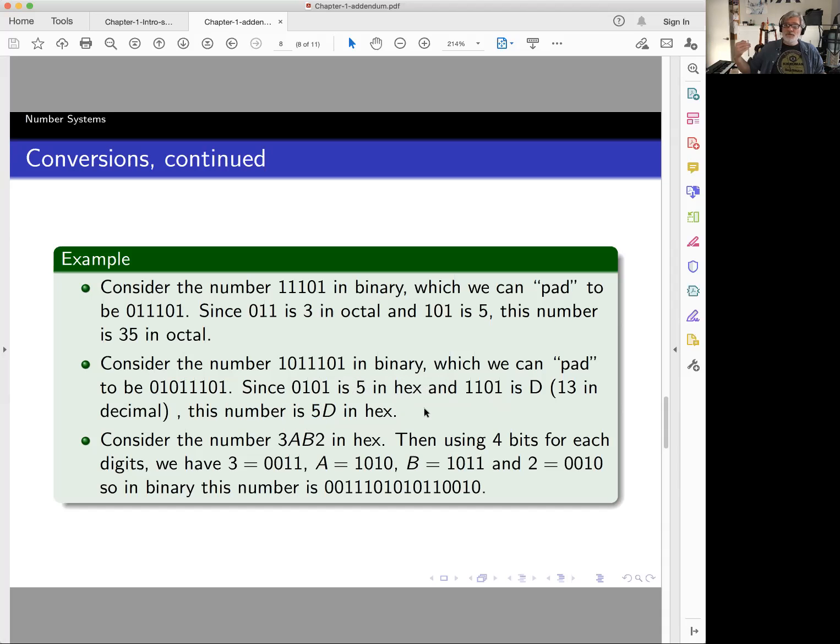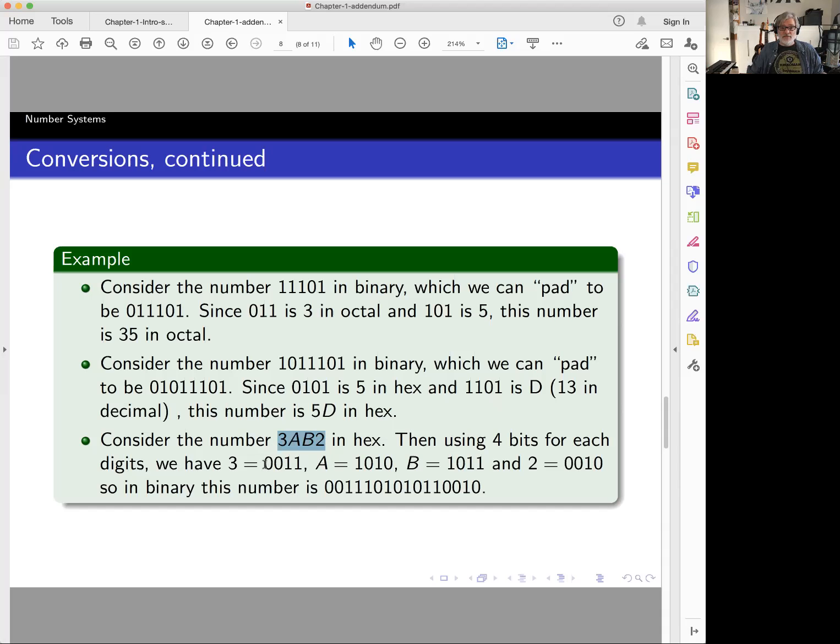To go in the other direction is even easier, right? If you look at the number 3AB2 in hex, each one of these digits is a number between 0 and 15, which is 4 bits, okay? And when you shift by 1 in hex, it's like shifting by 4 in binary, 16 all the time. So I can write down each one of these digits using 4 bits.